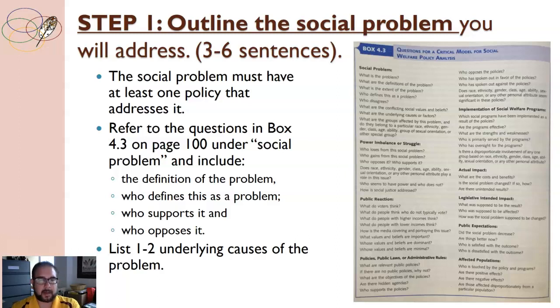And this law was passed back in the 1920s, right around the time before the Depression and after they returned back from World War I. And so when the Depression hit, there were a lot of hungry people, and veterans were one of them, and they were advocating to get an advance on that bonus that was promised to them. So the underlying cause of the problem was the Great Depression and the economic issues that were occurring at the time. So that's what we mean by the underlying causes of the problem.